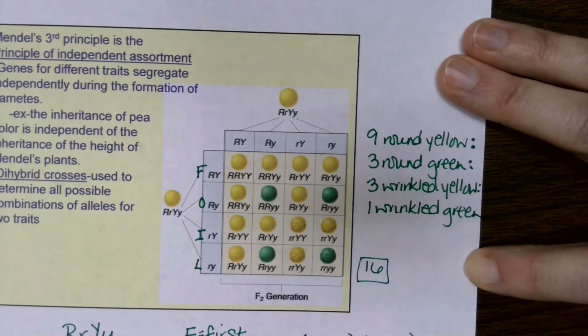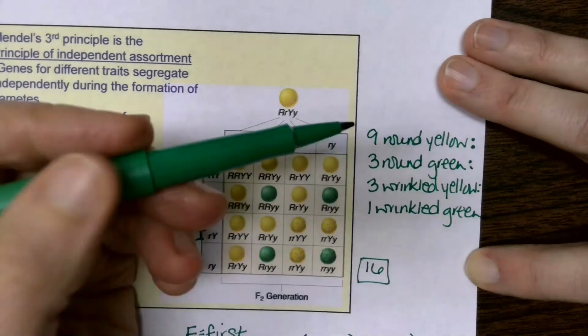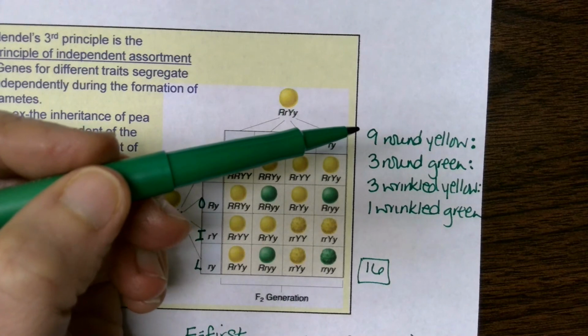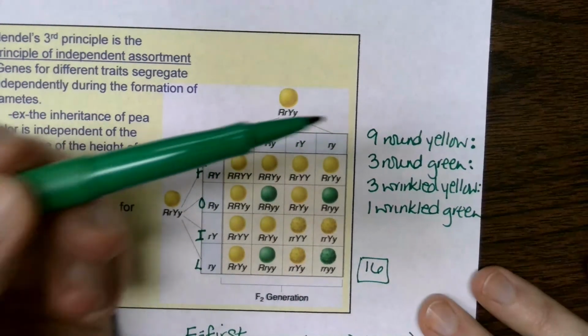Okay, so that's how you're going to work these, just kind of the quick example every time. You can also study 3 traits at a time, 4 traits at a time. When you get to 3, you use a mathematical formula instead of creating a Punnett square. And we don't do that in this particular class. So when you think about this from a phenotypic standpoint, you have to get your essentially 4 possible combinations if they're present.